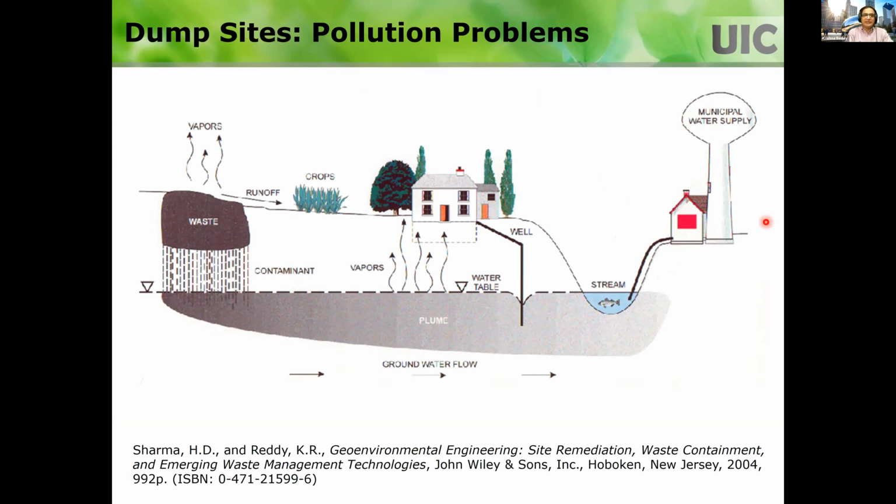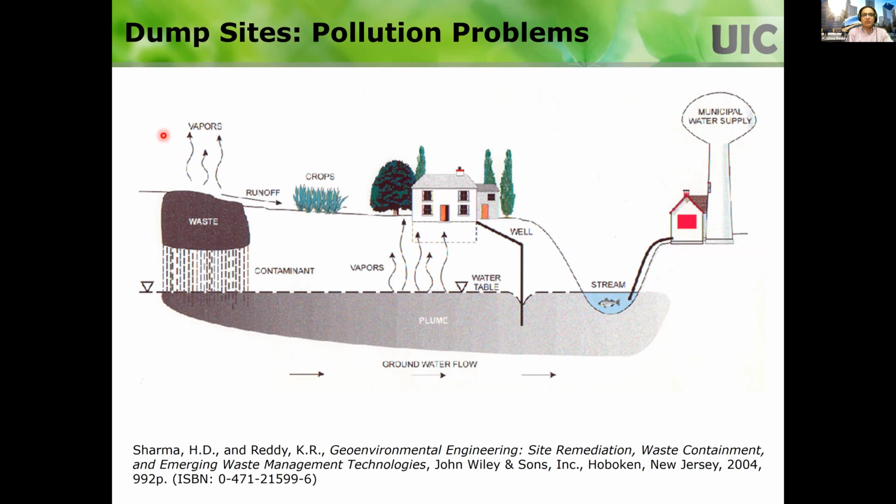So when it rains, the water goes through the waste, and it leaches out all the contamination, and that contamination goes down into the groundwater, and then the groundwater gets contaminated, and then the groundwater keeps on moving, and then you might have your drinking water well contaminated, surface water could be contaminated, and people could be exposed.